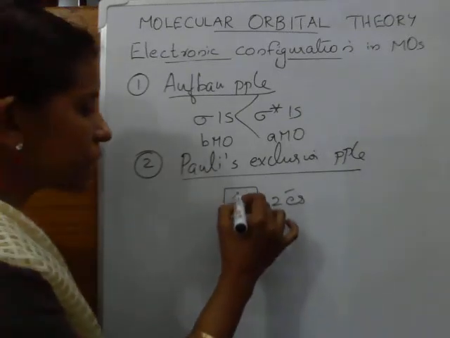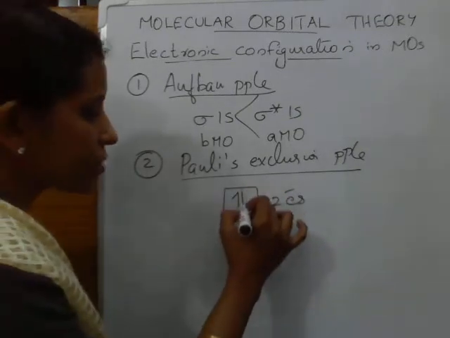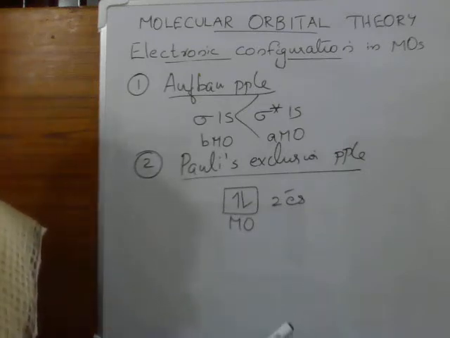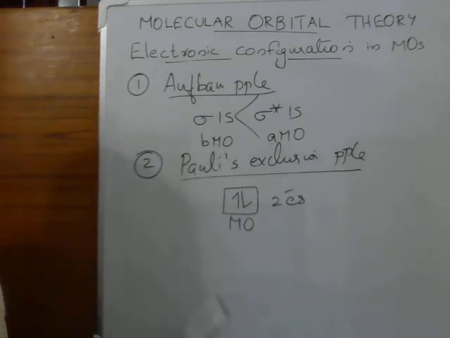If one electron spins in the clockwise direction, the second electron should spin in the anti-clockwise direction. So the maximum capacity of any molecular orbital will be 2 and their spin will be opposite.